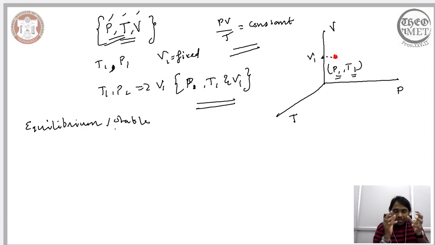So in order to change this state of the system from its equilibrium condition, we need to change the pressure or temperature or both. You can disturb your system which is in equilibrium only when you change the variables that describe that particular system. Now let's try to change both pressure and temperature together.